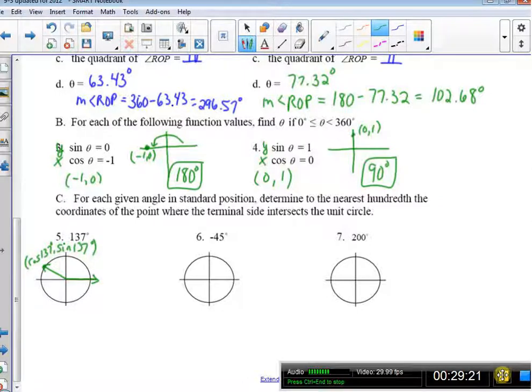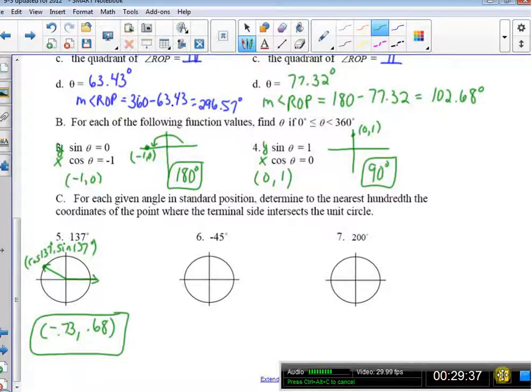So to our calculator, I'm just going to punch that in, and the coordinate is going to be negative 0.73 comma 0.68 to the nearest hundredth.